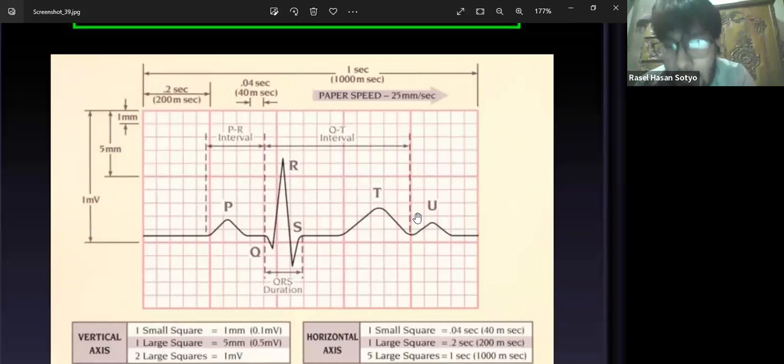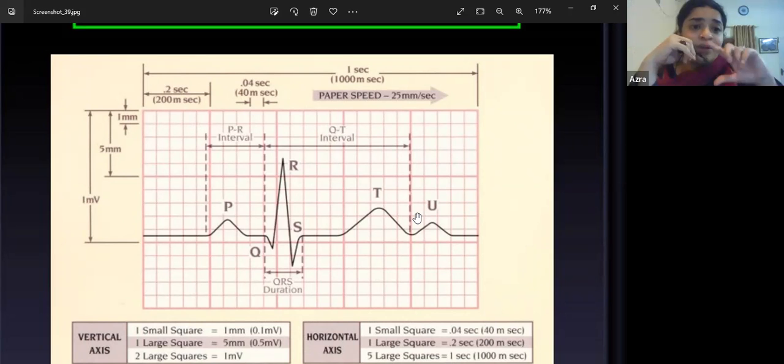Every ECG paper has an individual paper speed, maybe 25 millimeters per second or 50 millimeters per second. How can we understand the paper speed of an individual recorded ECG? It is mentioned on the machine.